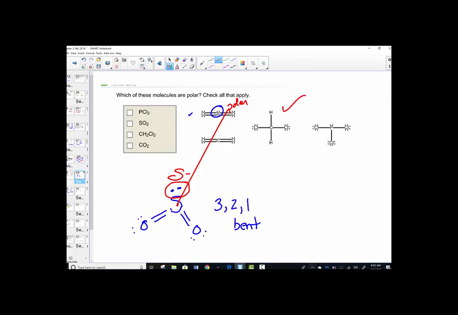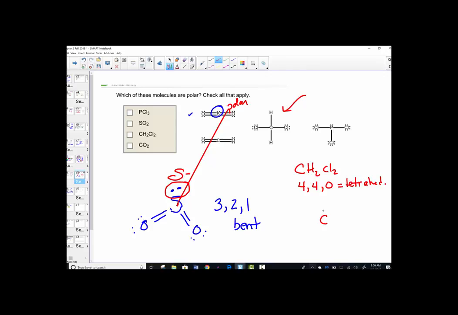Let's do that one, CH2Cl2. There, I got it. Because I might be tricked into thinking that that looks pretty symmetrical. But think about molecular geometry. This carbon has 4 domains. All 4 are bonded, 0 are unbonded. We know that that's an sp3 tetrahedral molecule.